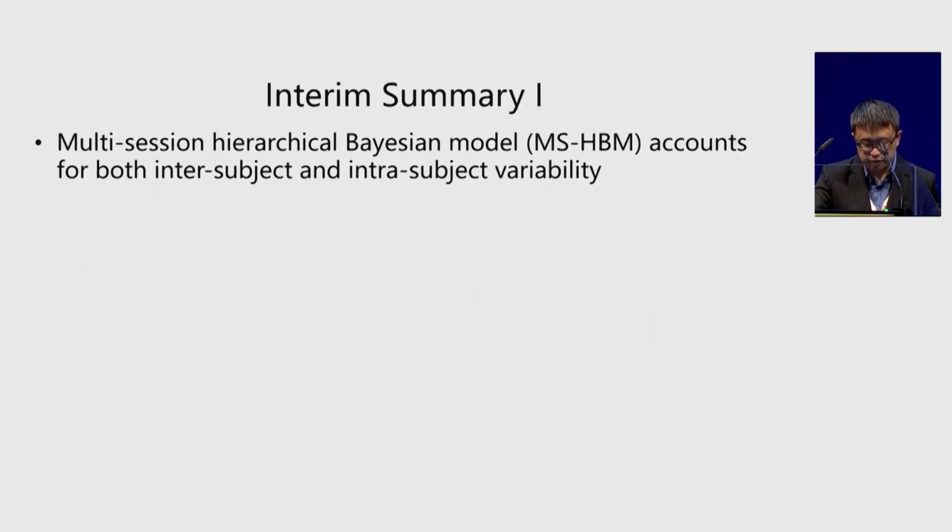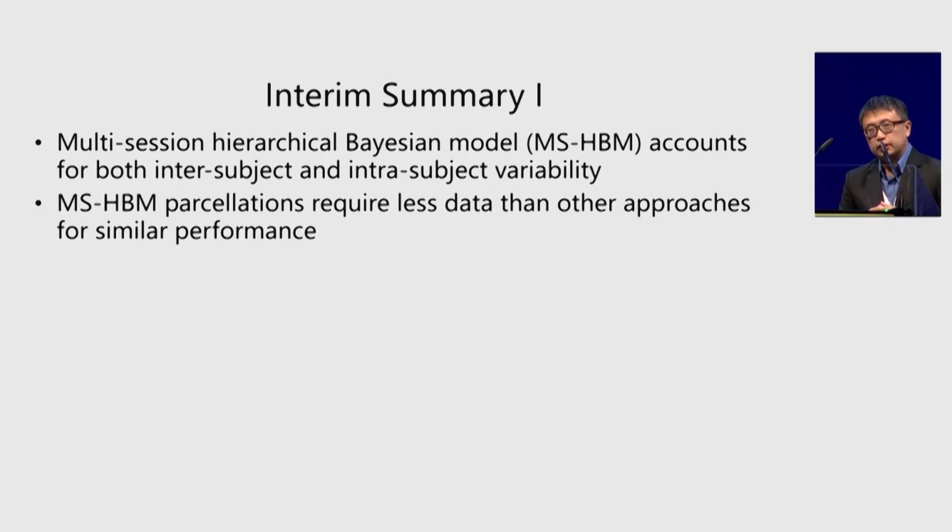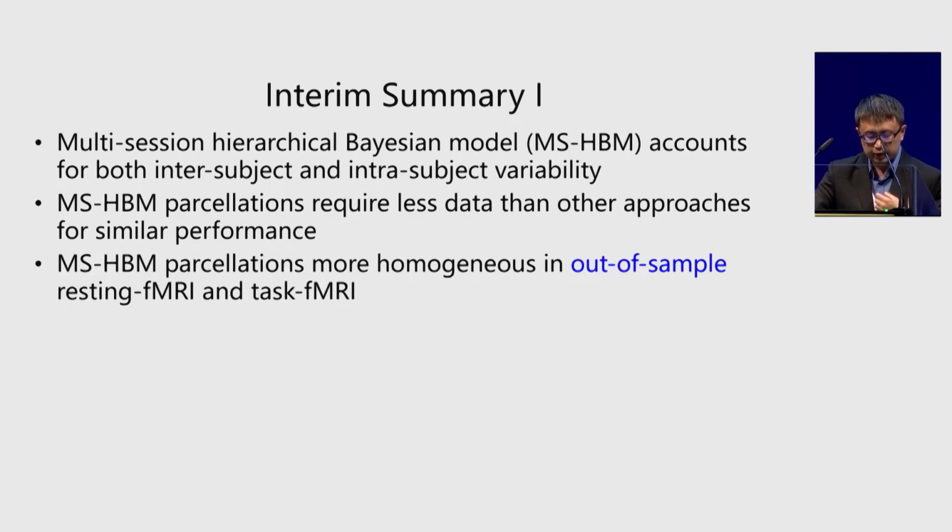So to summarize, I've shown you a multi-session hierarchical Bayesian model, which accounts for both inter-subject and intra-subject variability. The approach actually needs less data than other approaches for equivalent performance. And if we use the same amount of data, the parcellations are more homogeneous in out-of-sample resting and task data. I did not show you the task result.